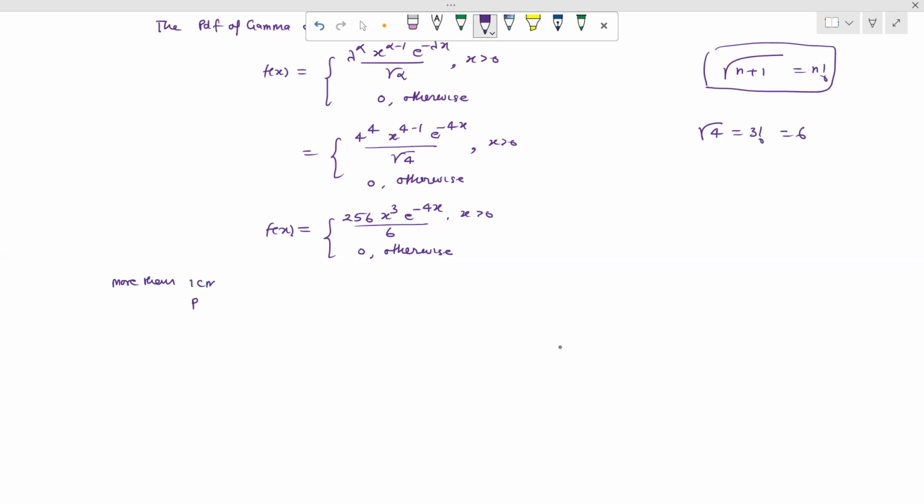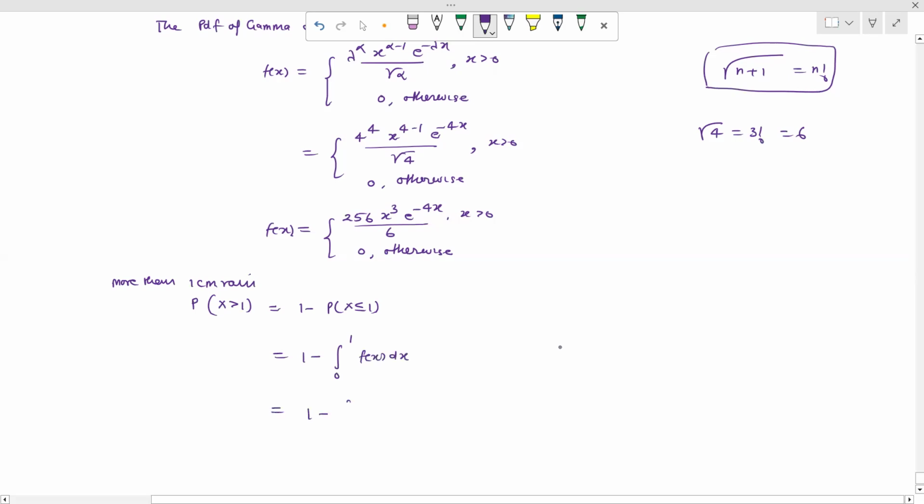The probability of random variable x greater than 1 is equal to 1 minus the probability of x less than or equal to 1. So 1 minus, this can also be written as the integral from 0 to 1 of f(x) dx.